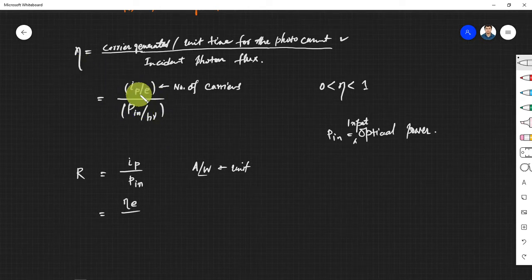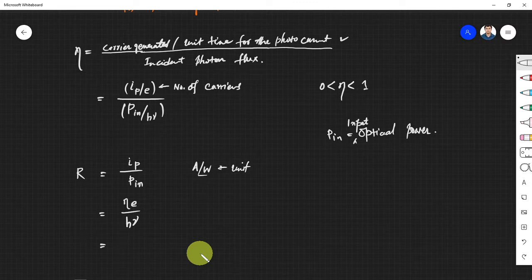From here we can calculate I_P by P in, so it will be eta into E by h nu. We are just rearranging the above equation. So from this equation you can calculate the responsivity of the device.